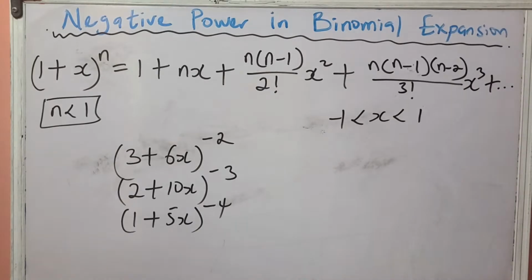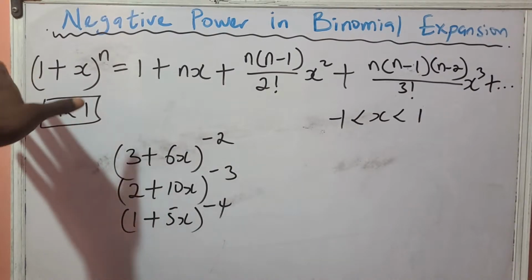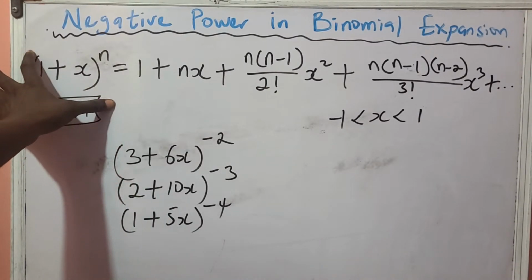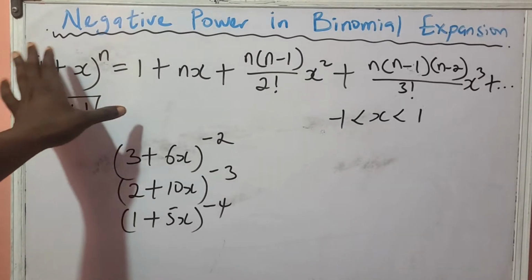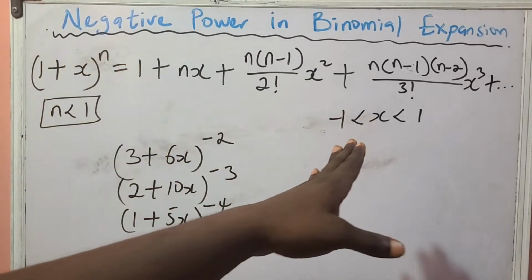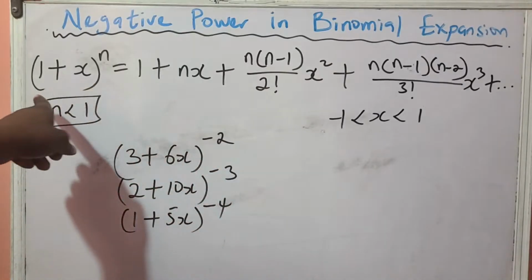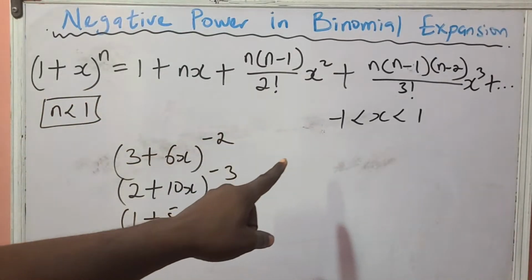Now, what do you need to always note while dealing with binomial expansion when having negative power? Very, very important. You need to remember that, number one, this is the formula that we are going to be using. You can easily understand the format that this formula moves by.